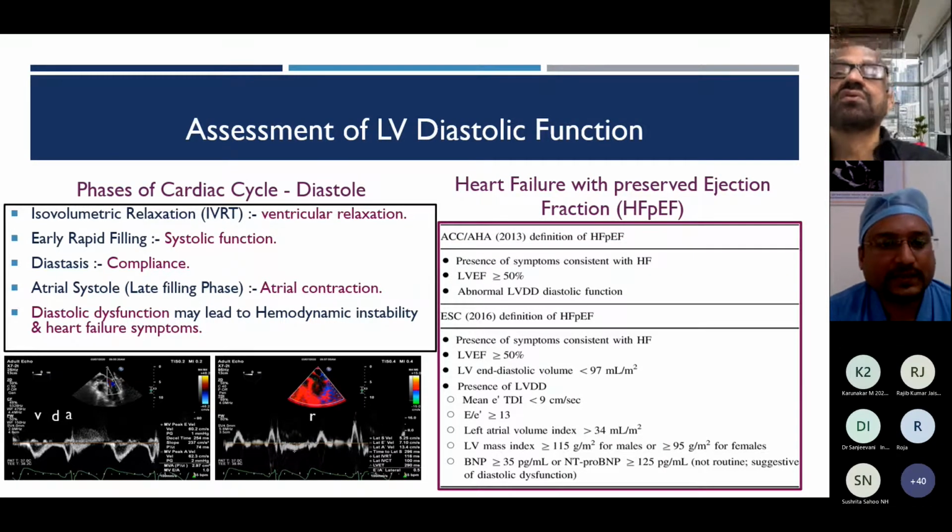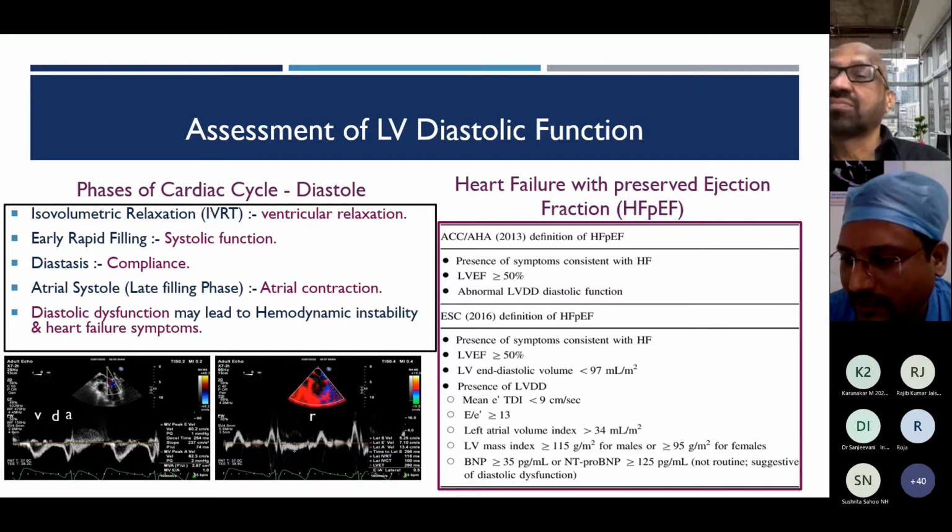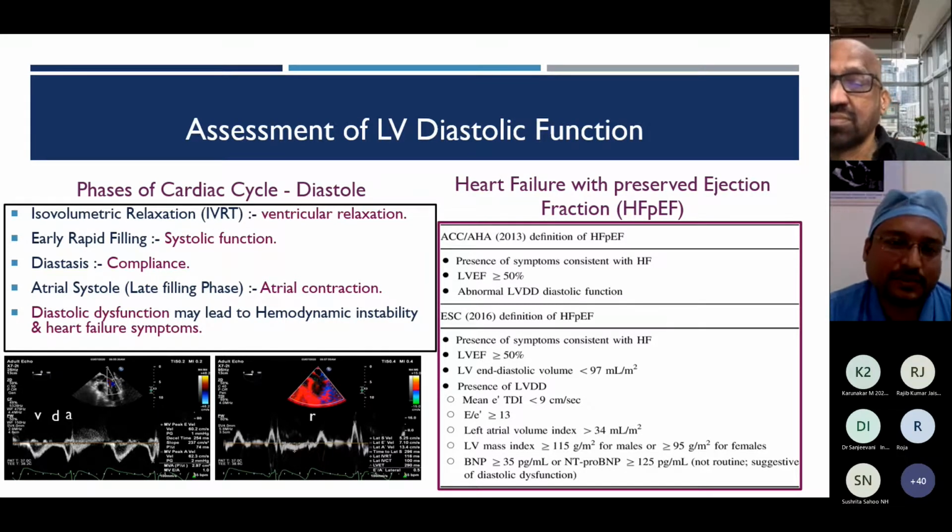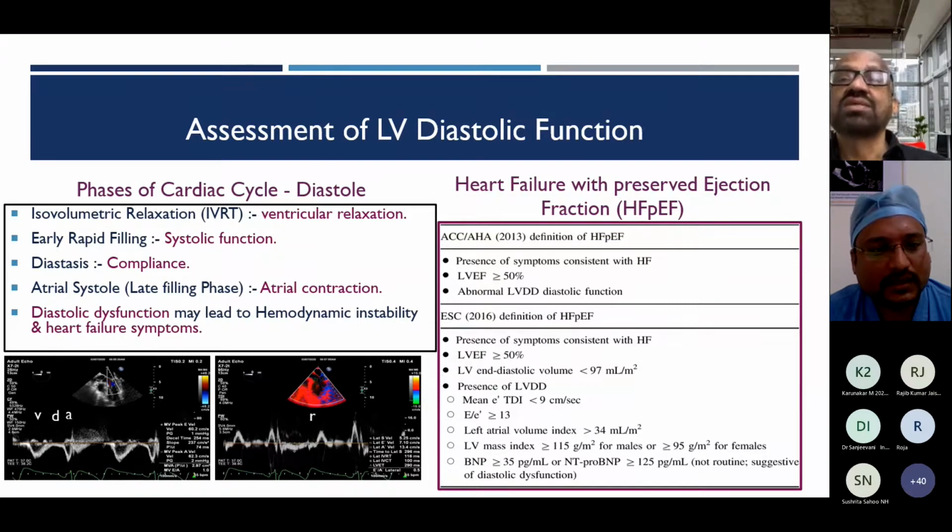I'll share, sir. There is one article, basically a transthoracic echo article. I'll share that reference with you, sir. Please share, because to an ordinary thinking individual it is confusing. I think it should be removed. You should probably say continued ventricular relaxation.